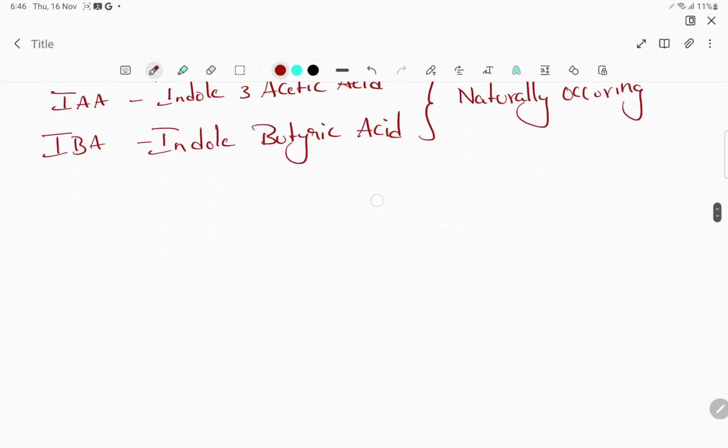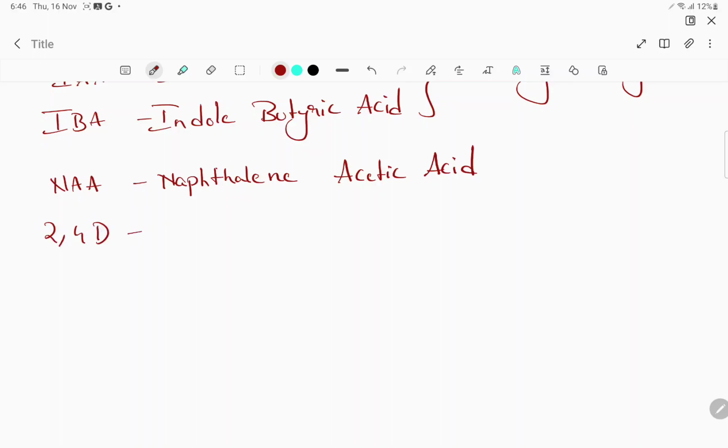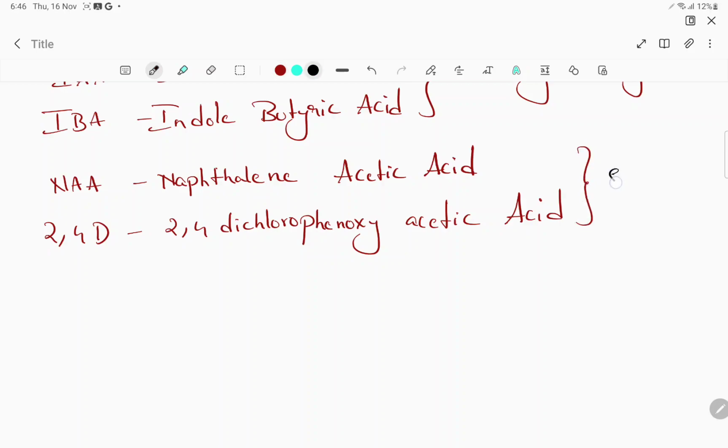And next NAA, naphthalene acetic acid, and 2,4-D, 2,4-dichlorophenoxyacetic acid. So these two are synthetic.